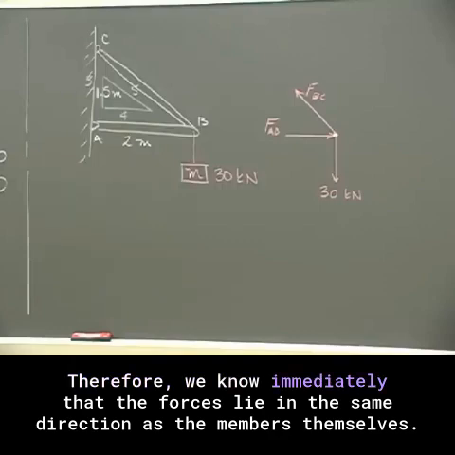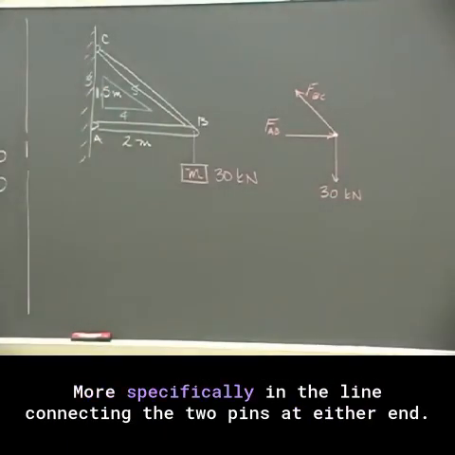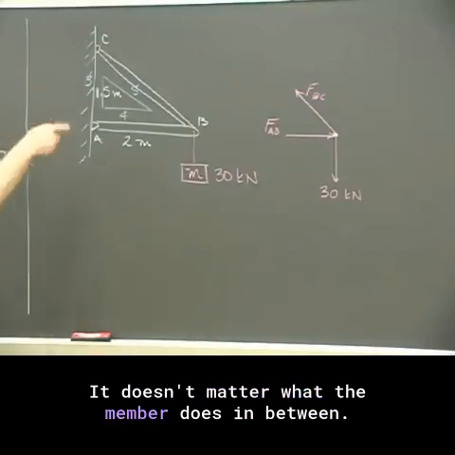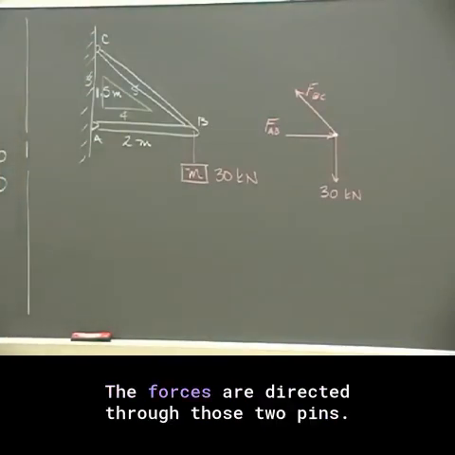Therefore, we know immediately that the forces lie in the same direction as the members themselves, more specifically in the line connecting the two pins at either end. It doesn't matter what the member does in between, the forces are directed through those two pins.